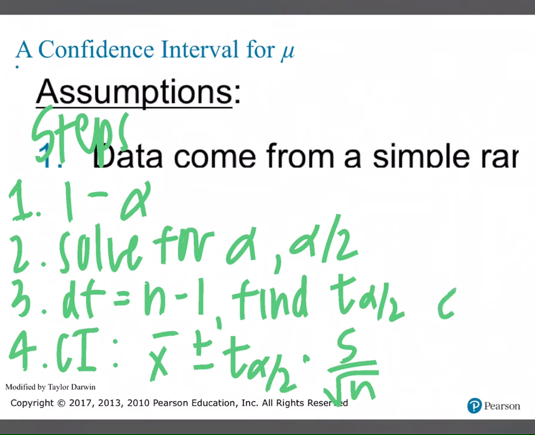And the last step is to interpret. Sorry, ran out of room. But those are your steps that we're going to follow when we're asked to find a confidence interval.